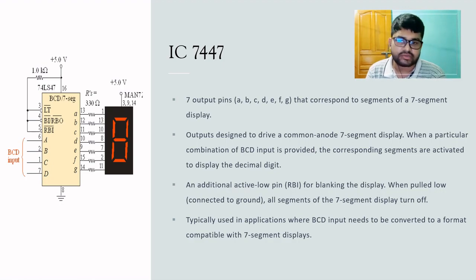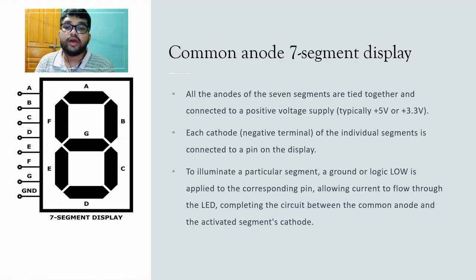In simple terms, it translates the numerical data into a format that is easily readable and interpretable by users. Without IC 7447, our voting system would lack the vital link between computation and visual representation.